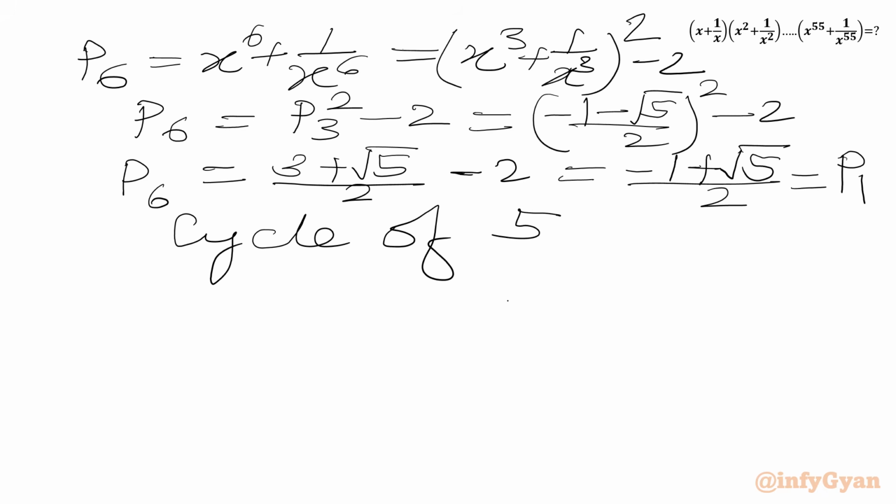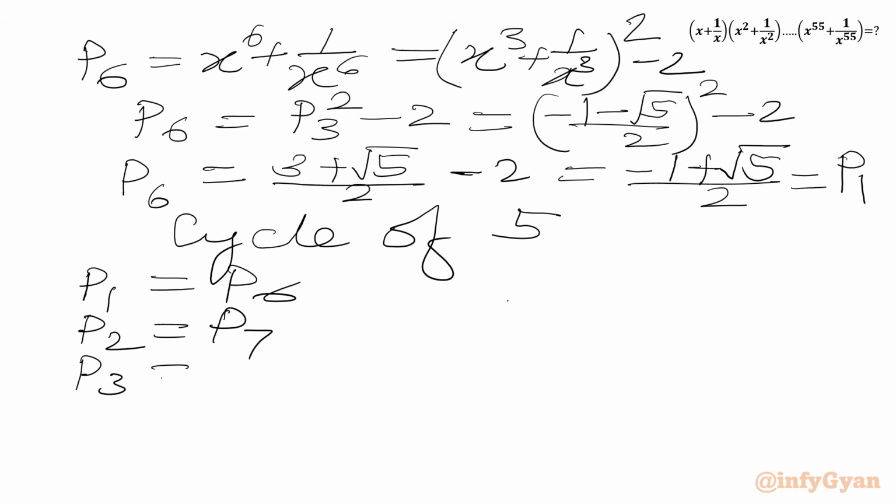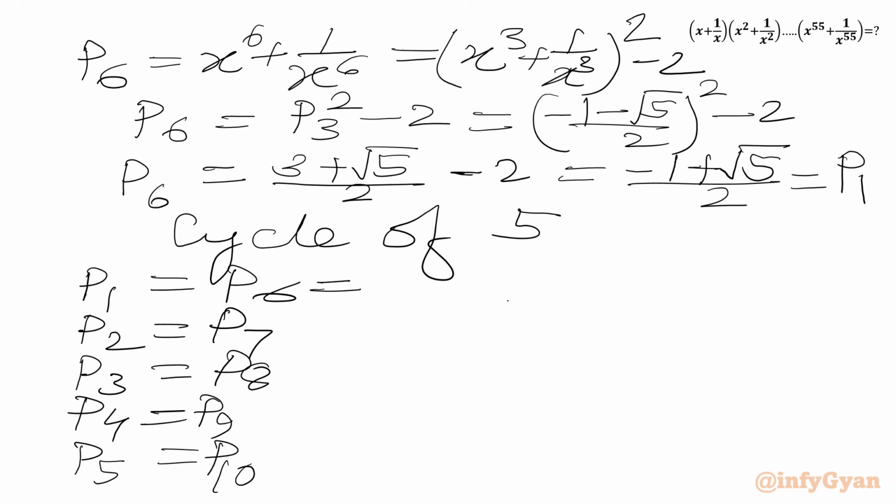So I am writing here P1 will be equal to P6, P2 will be equal to P7, P3 will be equal to P8, P4 will be equal to P9, P5 will be equal to P10. Similarly, P1 will be equal to P6, equal to P11, P12, P13, P14, P15.